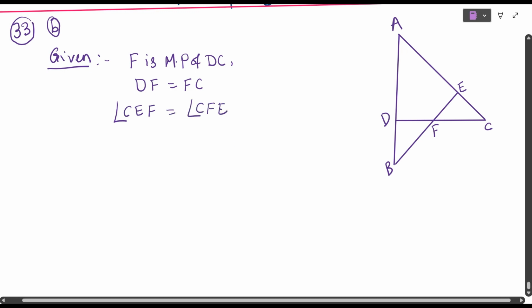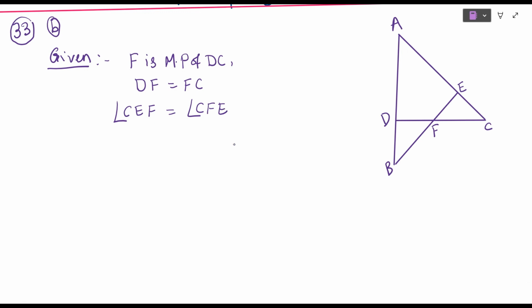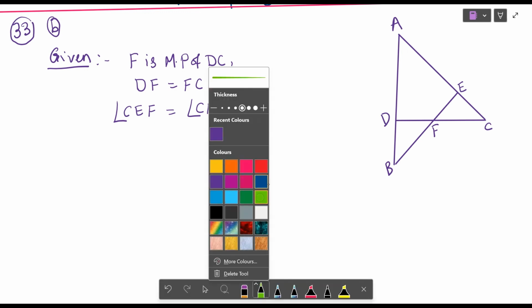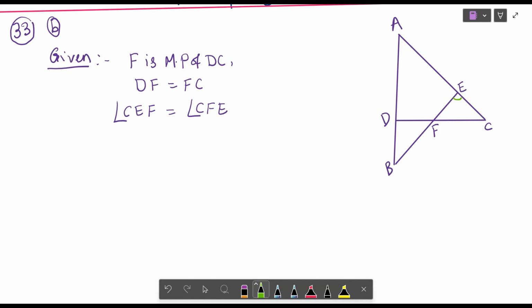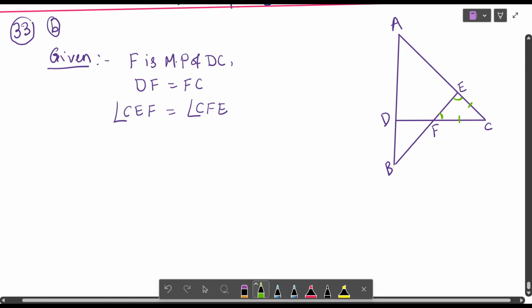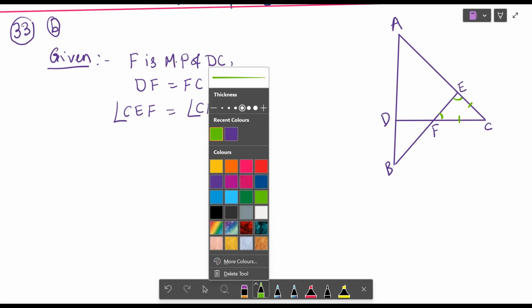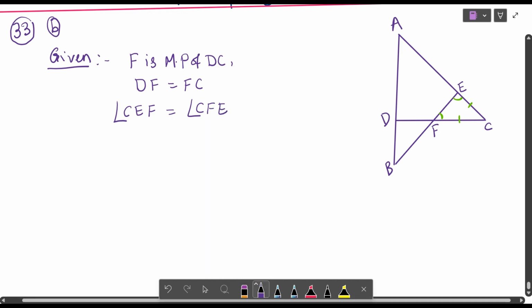Okay, so I'm going to mark here with another color. So try to understand carefully. Okay, these two angles are equal. Understood? Means these two sides will also be equal. So I will do that in the proving part. Is it clear? So next, what is required to prove?